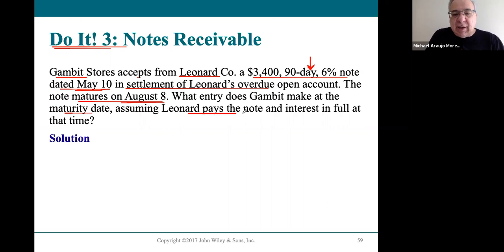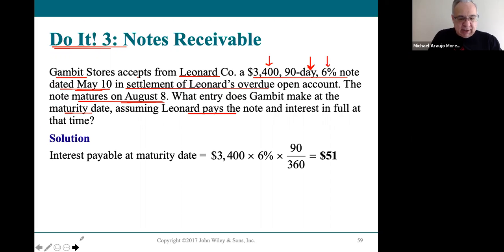What happens on the books of Gambit when Leonard pays this note? Well, again, they're paying back the loan plus the interest on the loan all on the same day. So we're going to have to do a little calculation of interest. $3,400 loan times 6%. Again, that's for the entire year. But this is a 90-day note divided by a 360-day year.